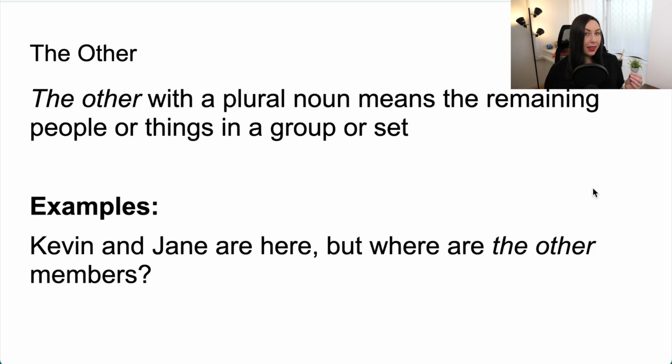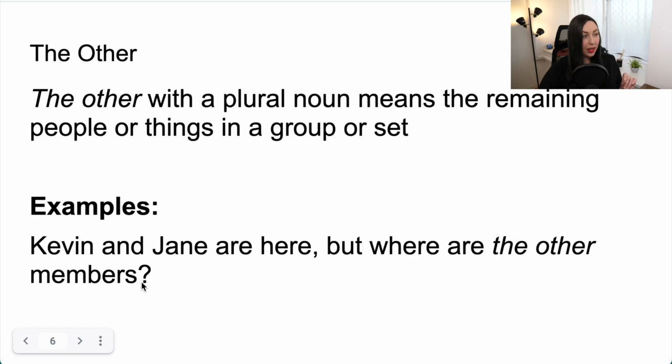Let's take a look at the next one. When we use the other with a plural noun, it means the remaining something, the remaining people, the remaining things in a group or in a set. Let's take a look at this example here. Kevin and Jane are here, but where are the other members?